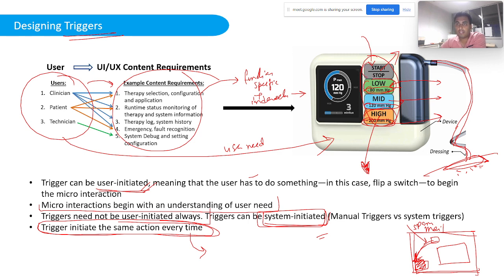But here, because of space limitation or some constraints, I have put one button for two actions. So it is push to on, push to stop. This is also useful because it is limited to two actions, one is start and one is stop. But to implement two actions for a single button, you need to provide some sort of feedback which a user can recognize.